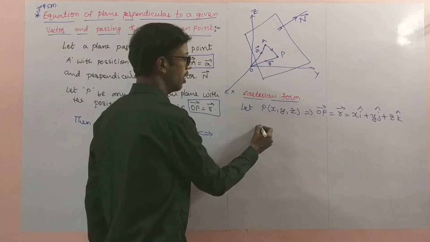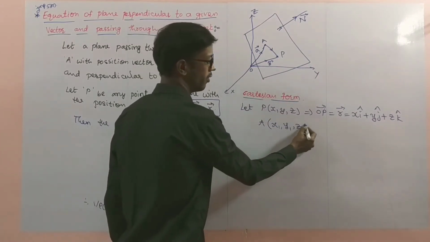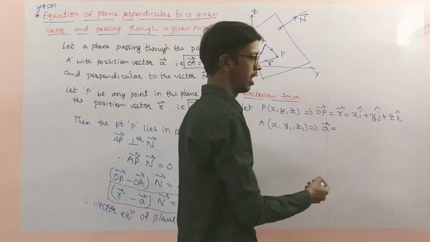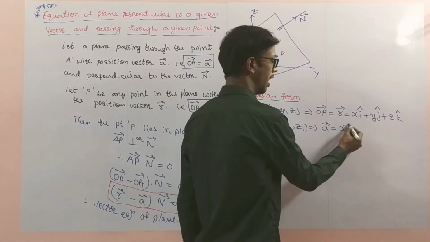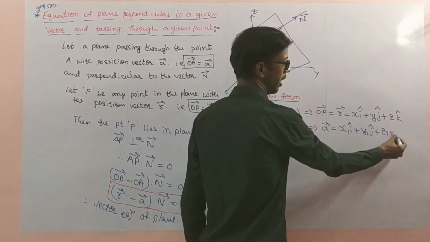Next, the point (x1, y1, z1) implies A bar equal to x1 i cap plus y1 j cap plus z1 k cap.